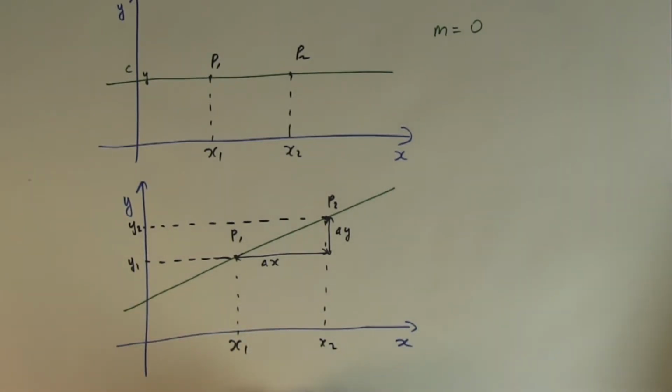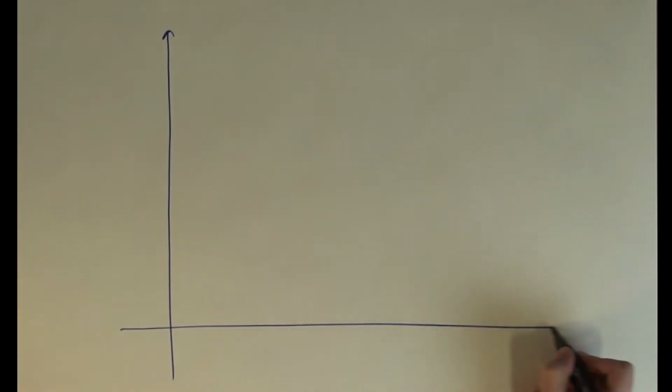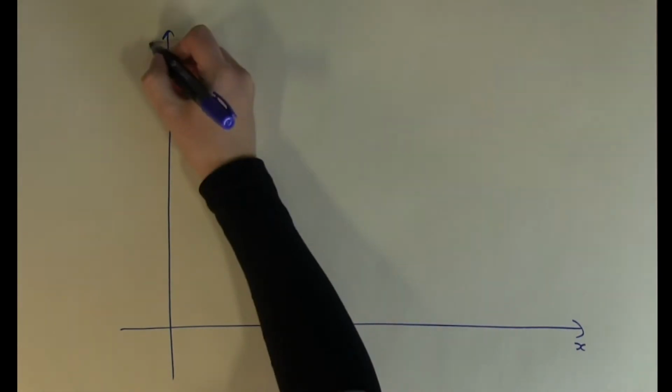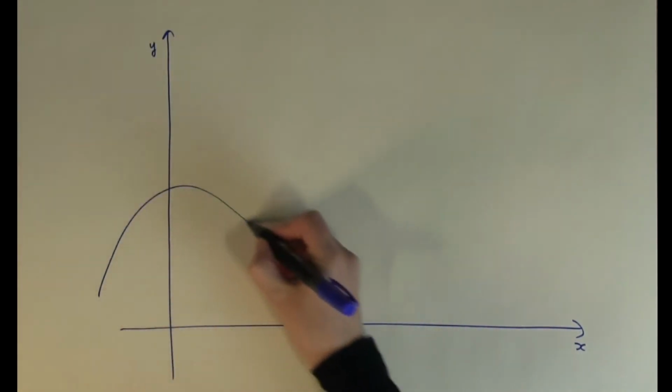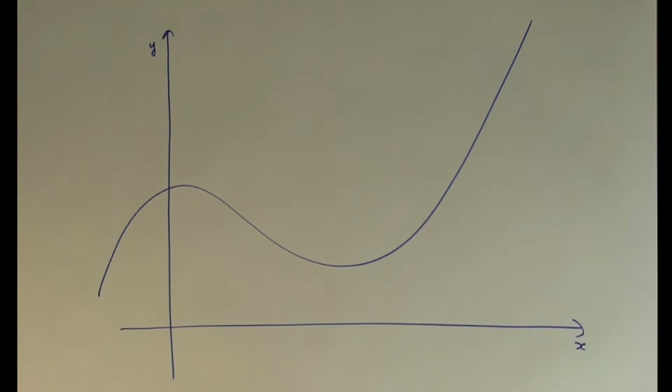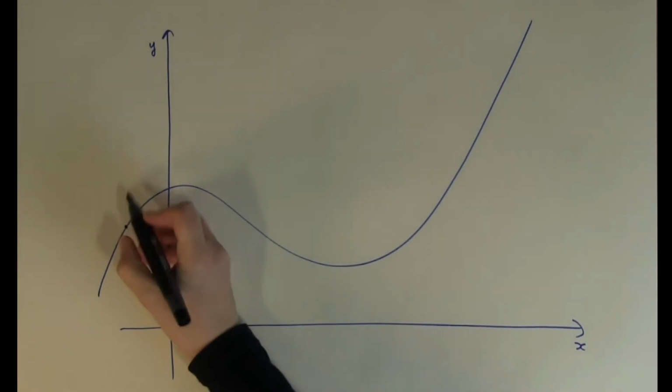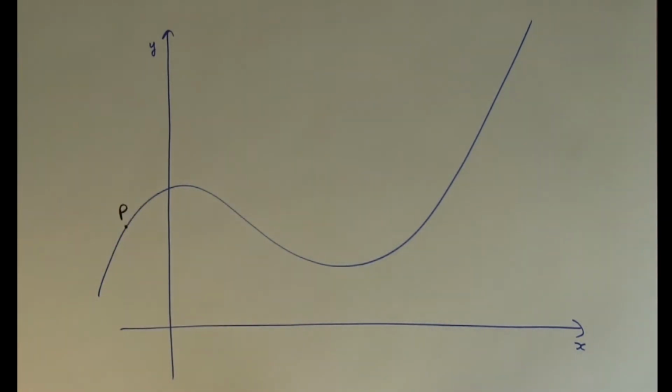So why is this actually good for us? Well, this is good for us because we can extend it to non-linear graphs. So if I have got a curvy graph, something like this, I can intuitively see that this graph changes differently at different points. So let's say I'm picking up a point. This would be point P. So what is the change at this point?